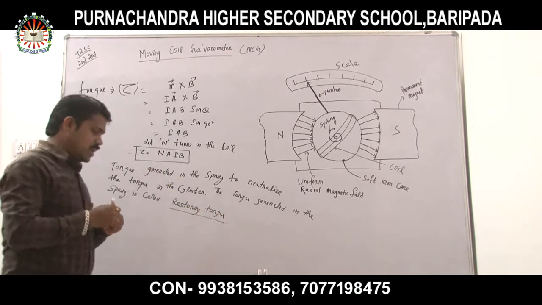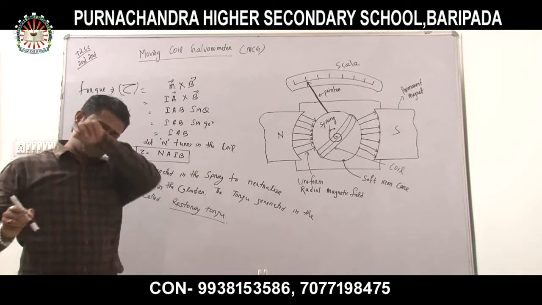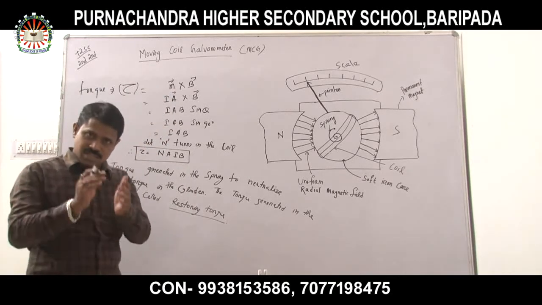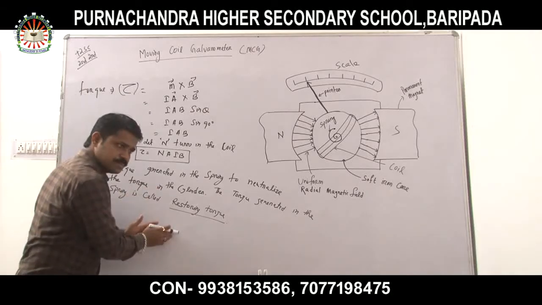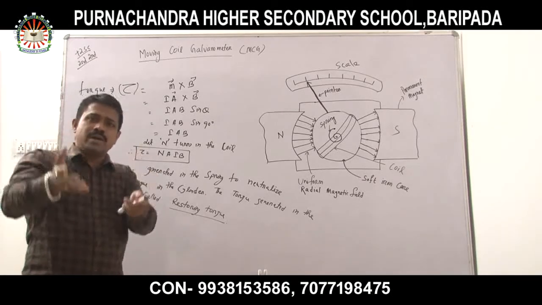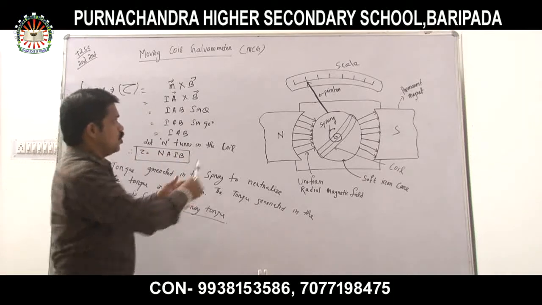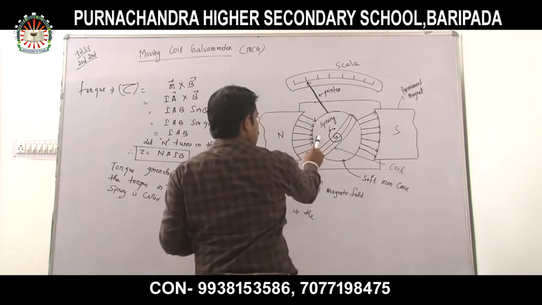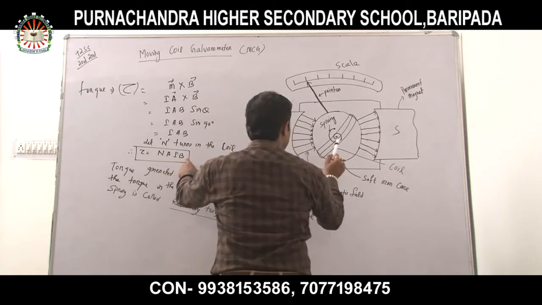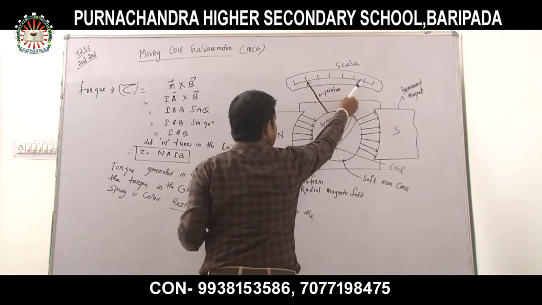As we know from first year, there is a restoring force. Similarly, the restoring torque. So what is meant by restoring? It helps to get back to the original position. Due to the torque generated in the cylinder, listen very carefully, the pointer rotates.